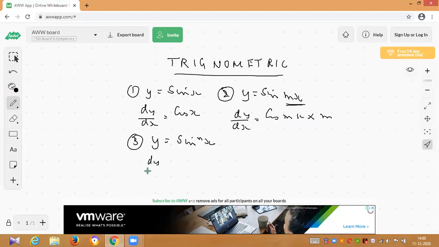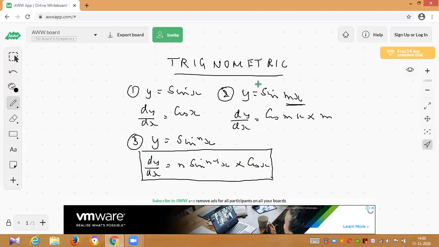In finding the derivative, we first use the power rule. So we write n sine to the power n minus 1 x into the differentiation of sine x, which is cos x. Please remember, this is a very vital form, combining the power rule with trigonometric differentiation.